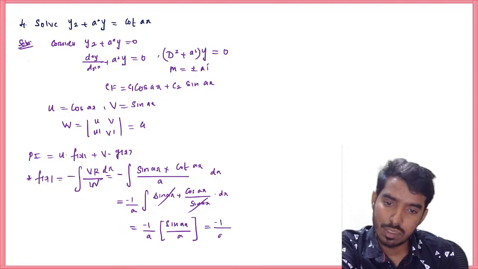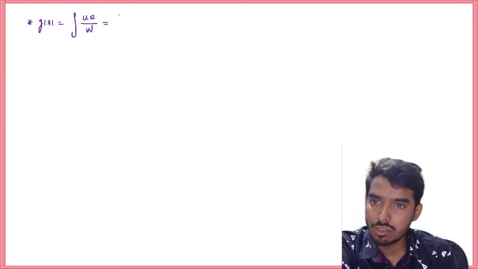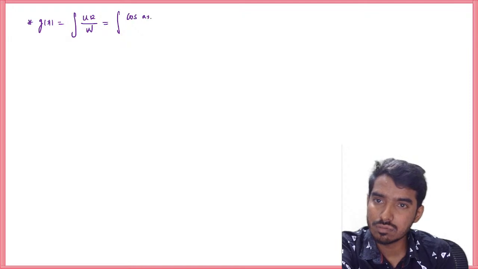So minus 1 by a square sin ax is your f of x. Now you find g of x, integration of u r by w. So integration of u is cos ax, r is cot ax divided by w is a.